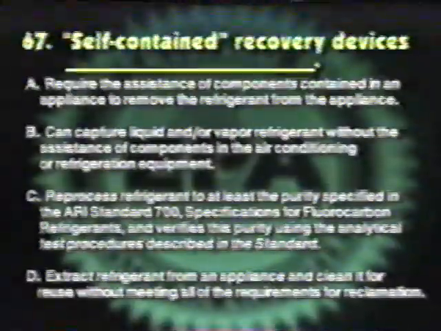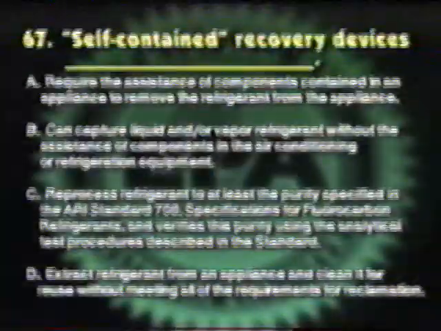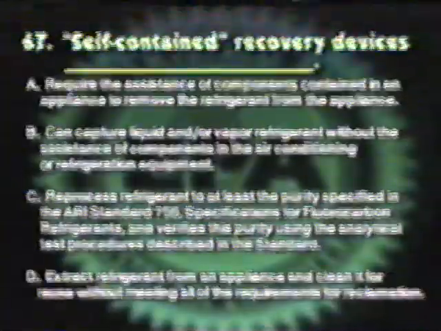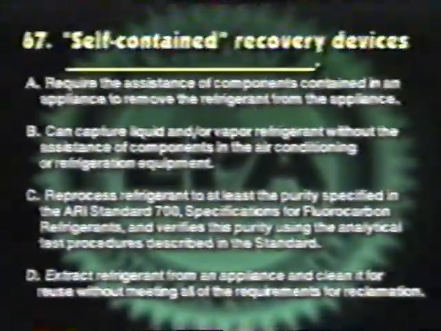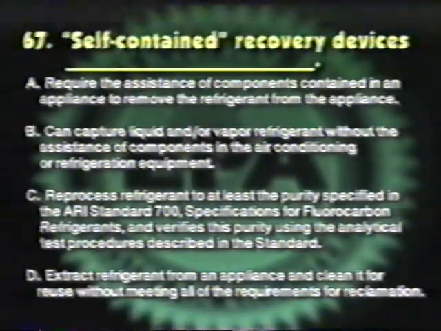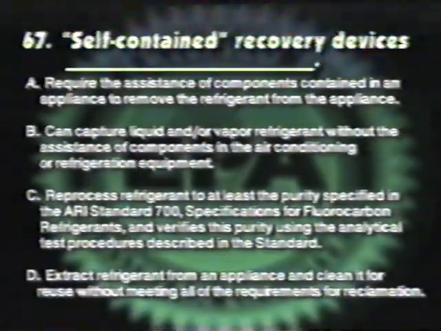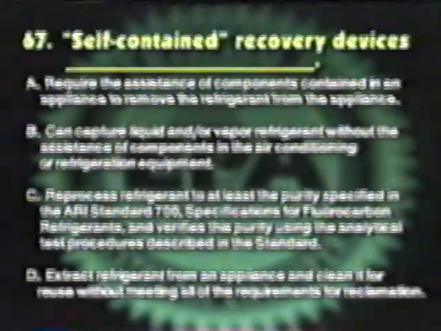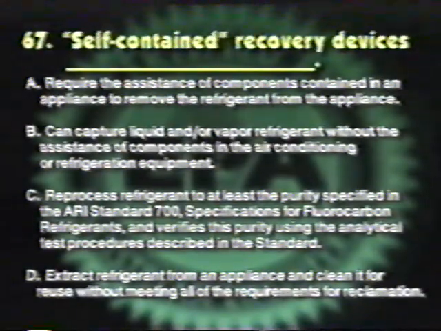Self-contained recovery devices: A. Require the assistance of components contained in an appliance to remove the refrigerant from the appliance. B. Can capture liquid and/or vapor refrigerant without the assistance of components in the air conditioning or refrigeration equipment.